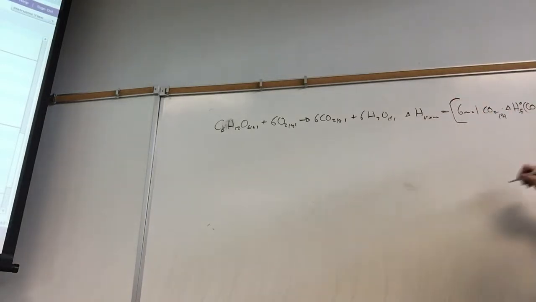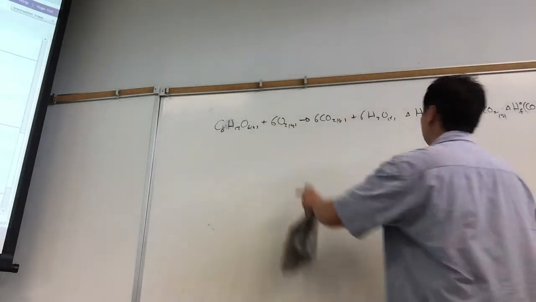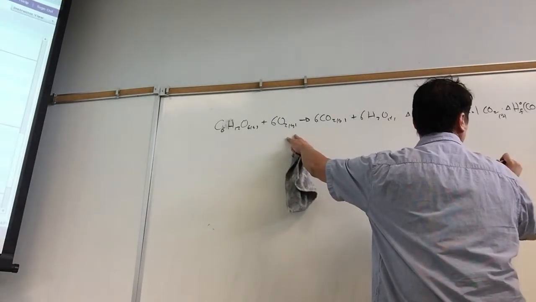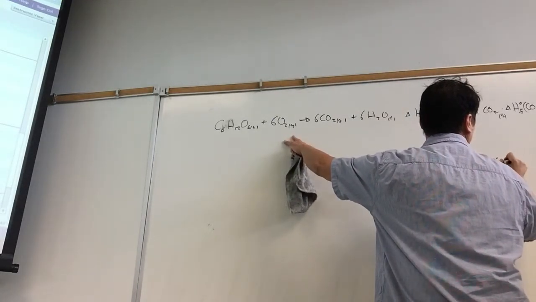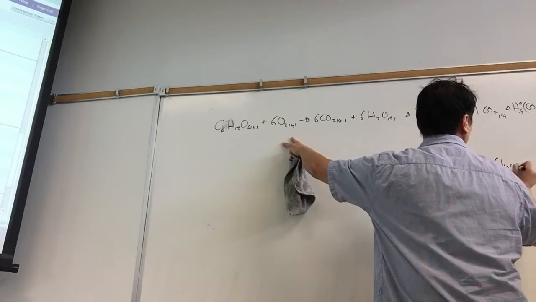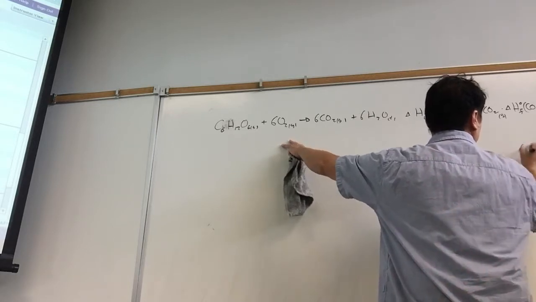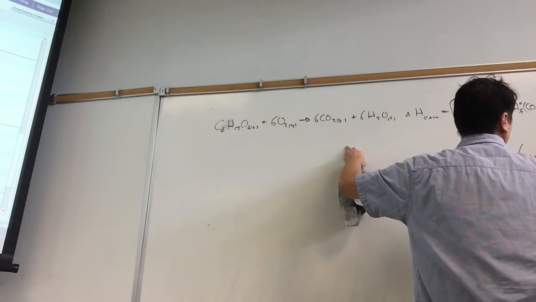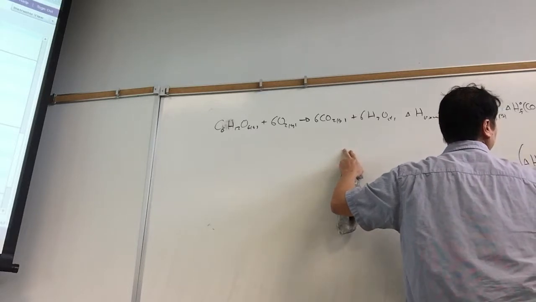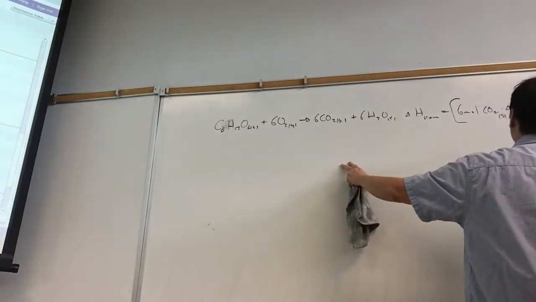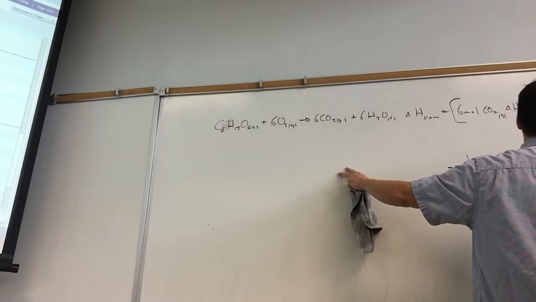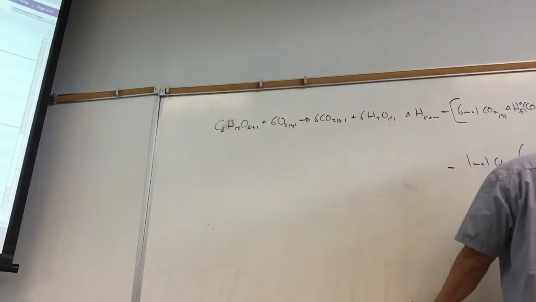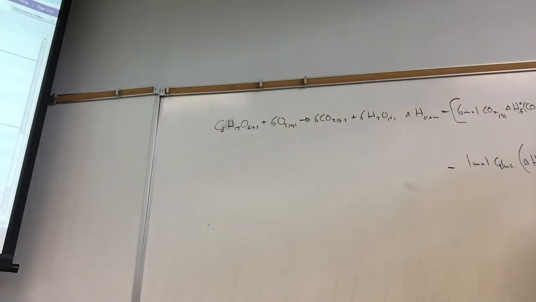Minus the reactants. So I have 1 mole of glucose times the delta H formation of glucose, plus 6 moles of O2 times the delta H formation of O2.